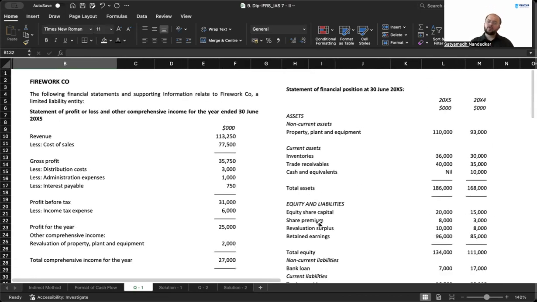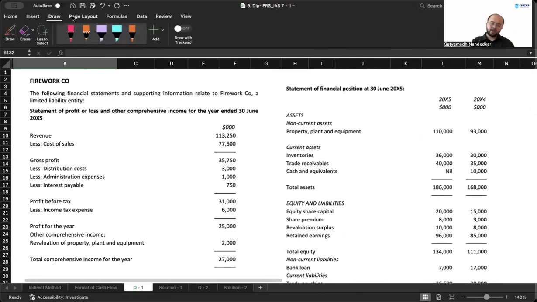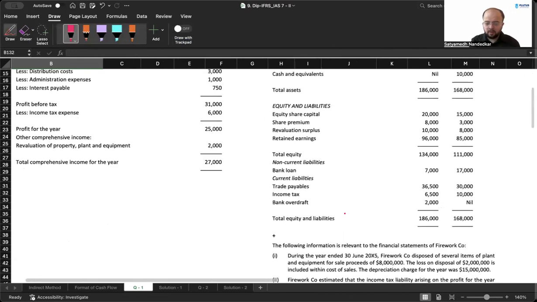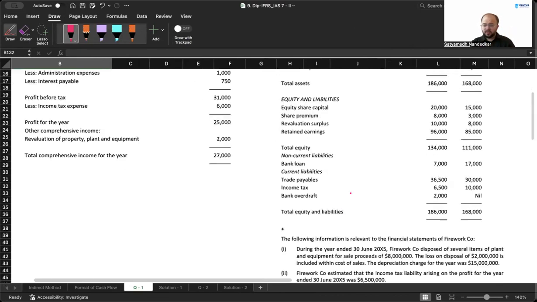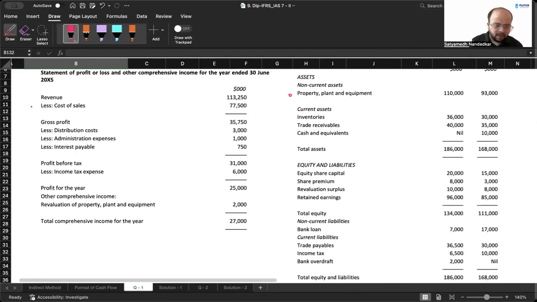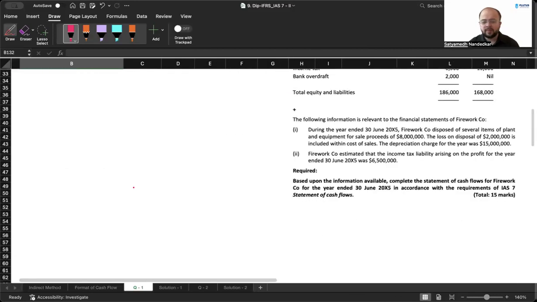Basically, you don't need to understand the full adjustment. Just use this time to identify the items which are going to be impacted. One, items of property, plant and equipment disposed of, loss on disposal, depreciation charge means property, plant and equipment, and that is included in cost of sale. So this will be impacted.